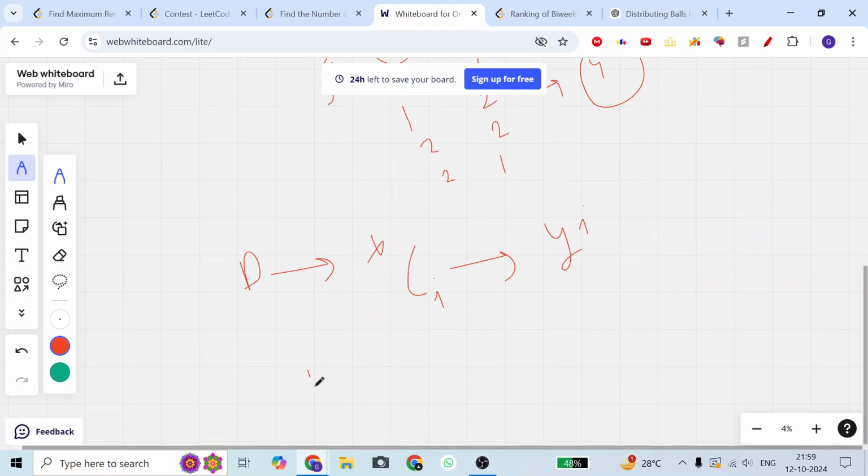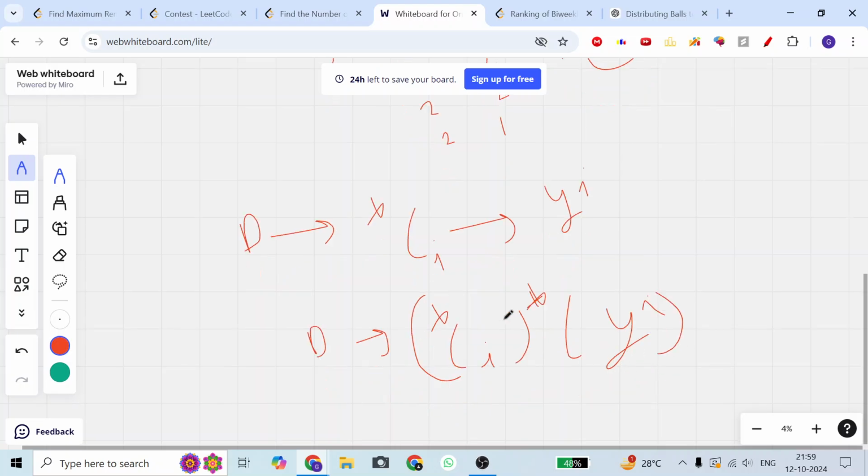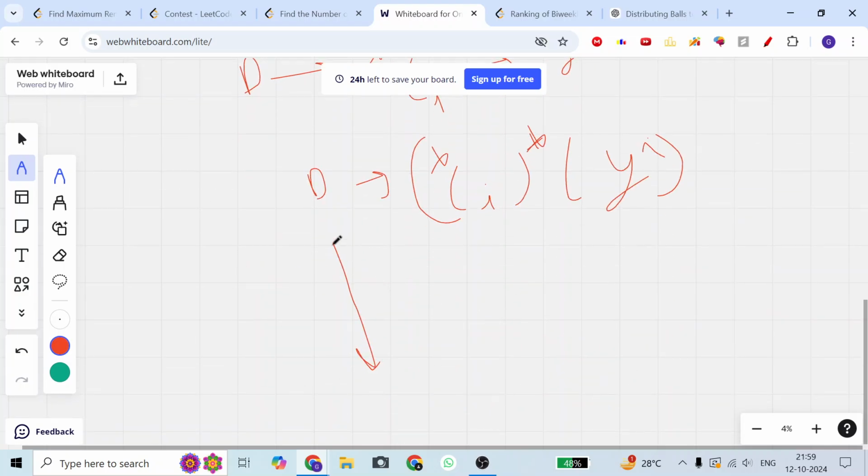So for each division, it is the number of ways of assigning stages multiplied by the number of ways to award them. This is the same for all the divisions, because i is independent of d, and y is independent of d.